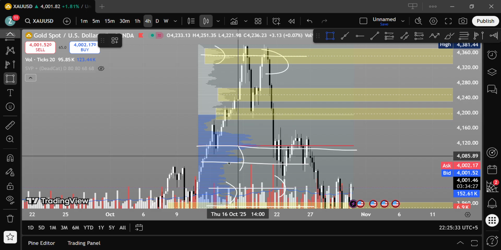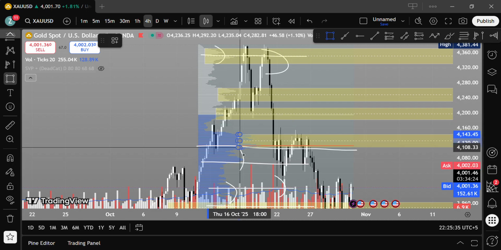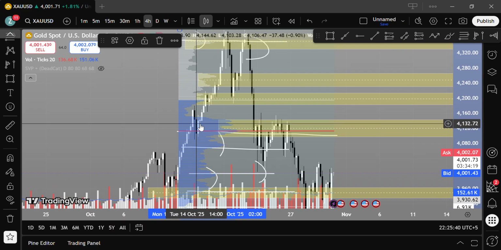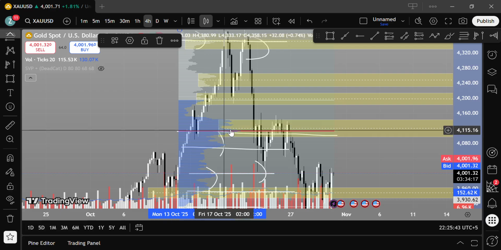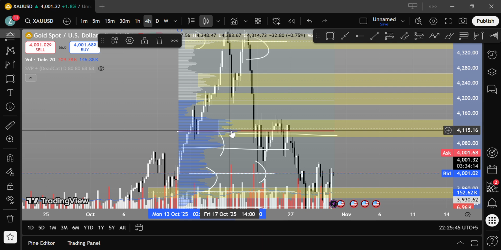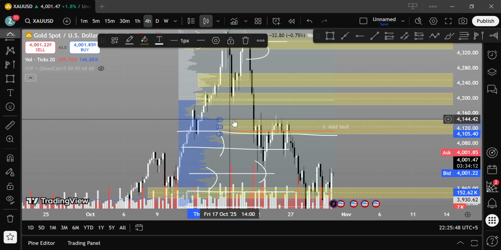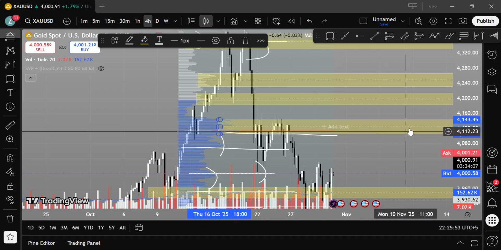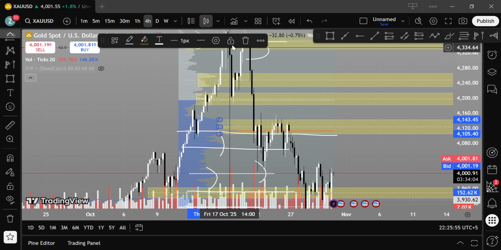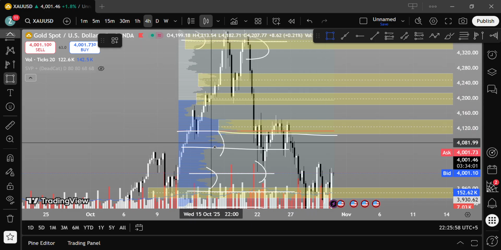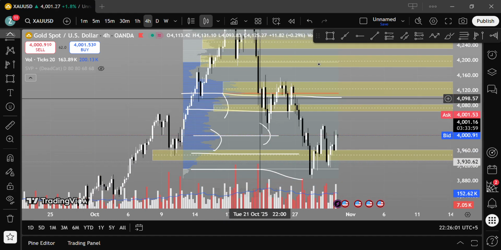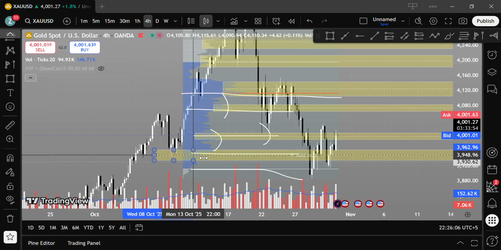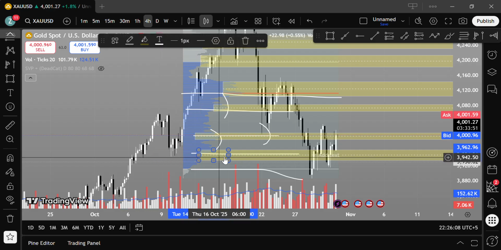I took it because the point of control area is basically the largest traded place, so it forms small peaks here, and I just like to have the point of control with the nearest volume bumps in a single box, like this, and also this one, yes. You can also add this one, but this should be on this area.